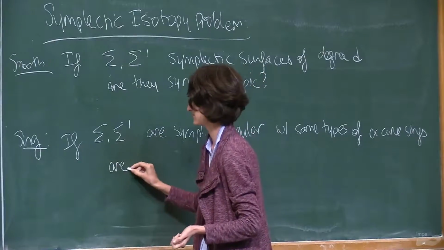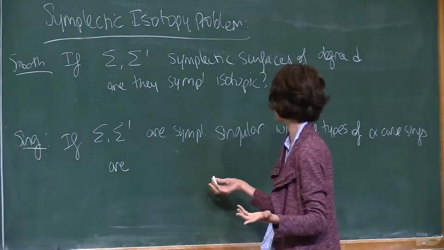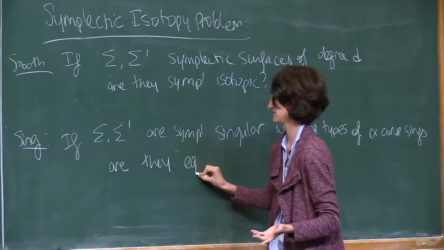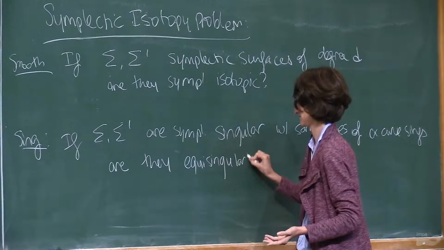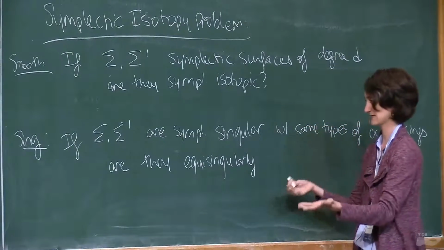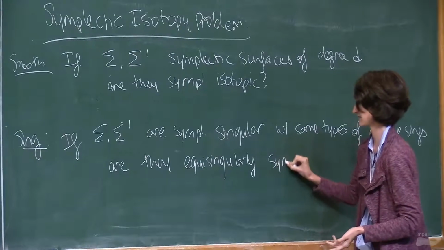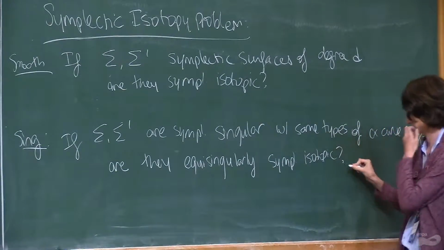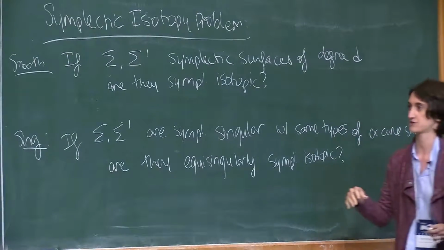And the terminology to shorten that sentence is, we can ask, are they equisingularly isotopic? So equisingular, same singularities, isotopic, symplectically. The singular version is more general than the smooth version.